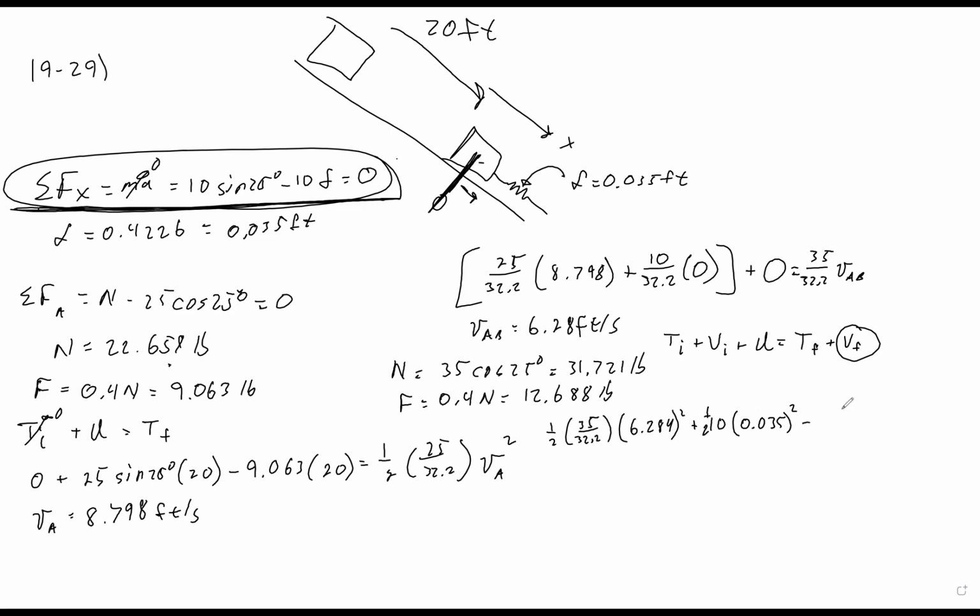And then we're going to have the work done by the friction, and that's going to be negative 12.688 pounds times however far this system is going to travel to get to maximum compression. And remember, that's the point for maximum compression.